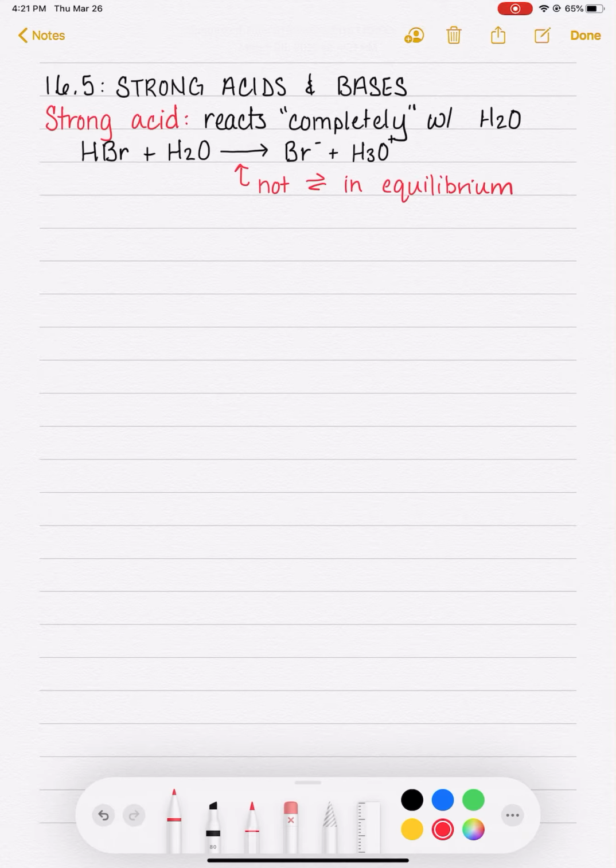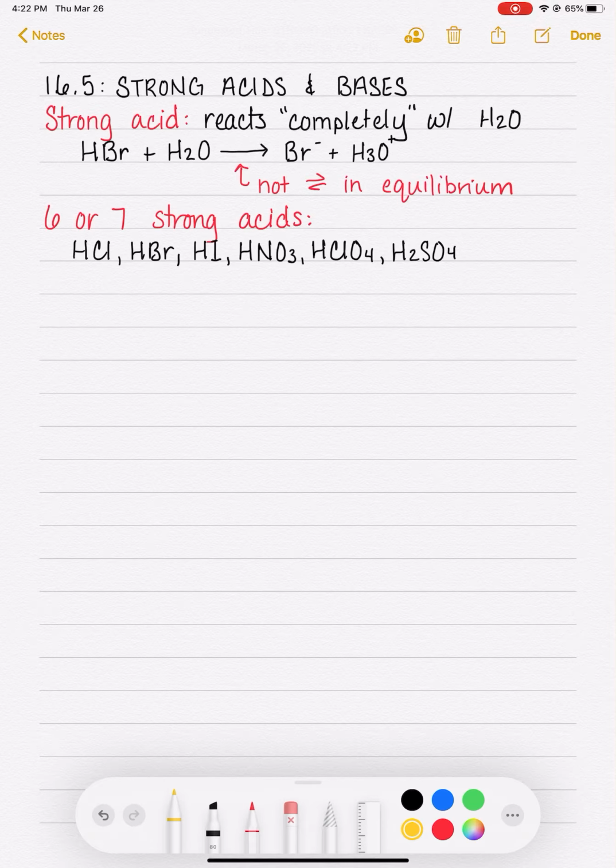Although I want to put a note on here, sulfuric acid, H2SO4, is a diprotic acid, and remember I told you with a diprotic acid, the protons, the hydrogens come off one at a time. For H2SO4, the first H plus that comes off of this acid is the only one that is strong.